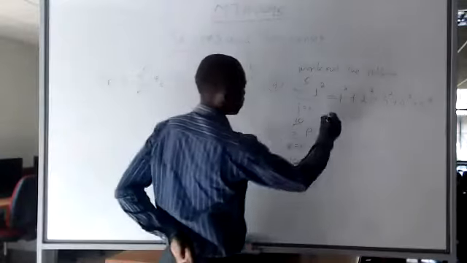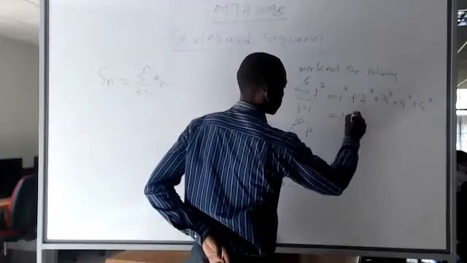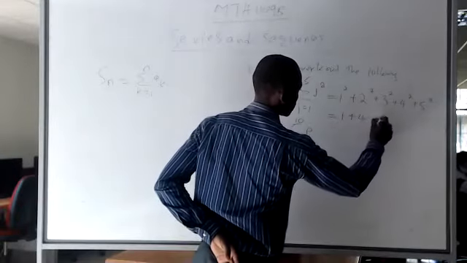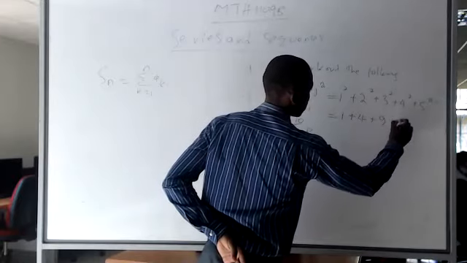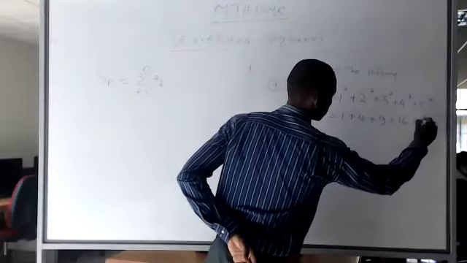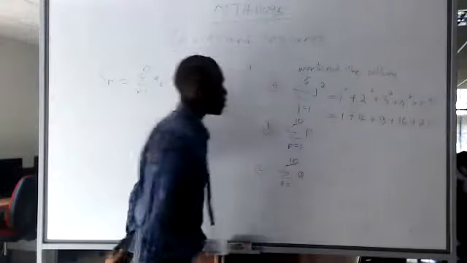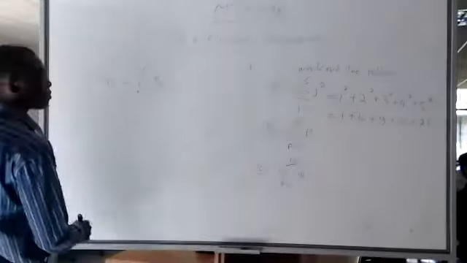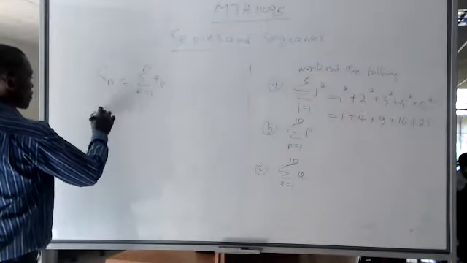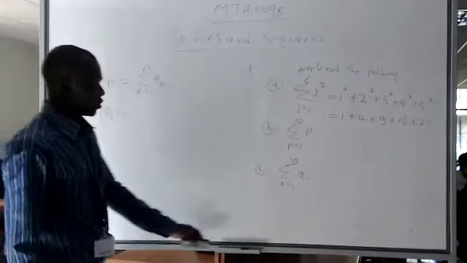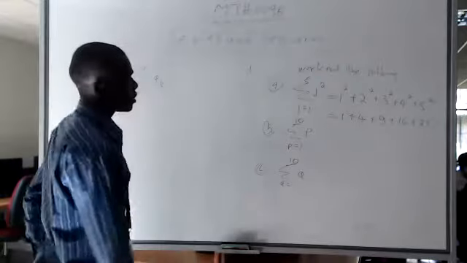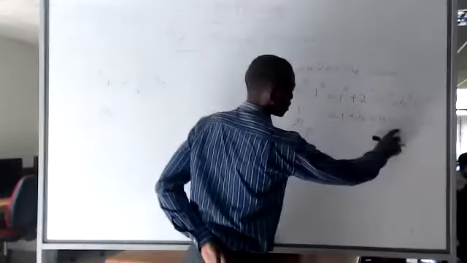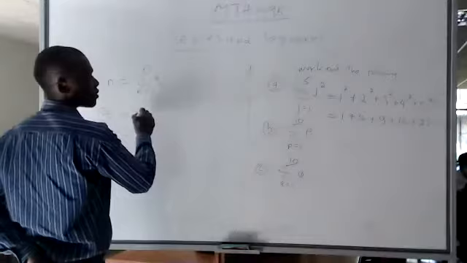Okay, so what does this give you? 1 squared is 1, 2 squared is 4, 3 squared is 9, 4 squared is 16, 5 squared is 25. Then you can add up these values and use your calculator. This should be 14, that is 30, so it should be 55.